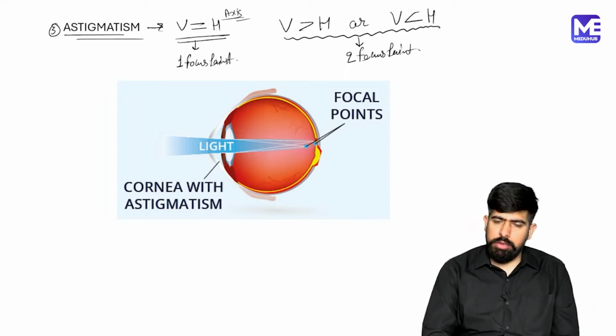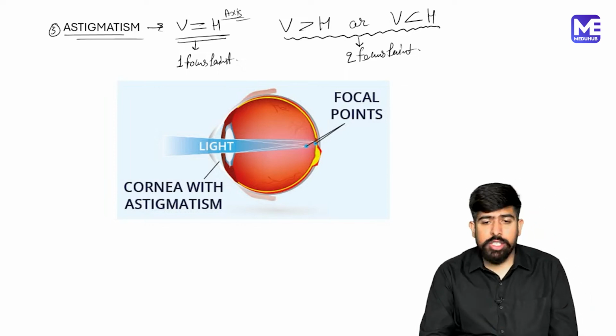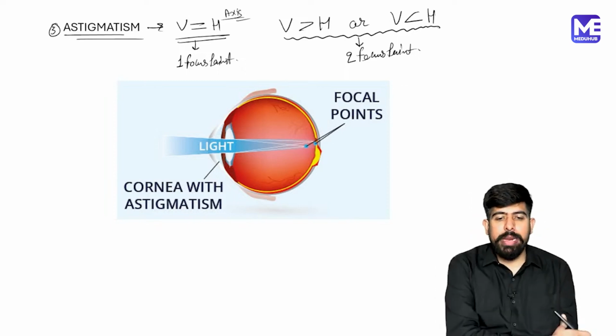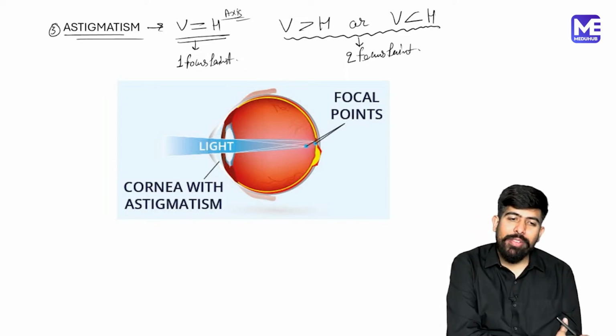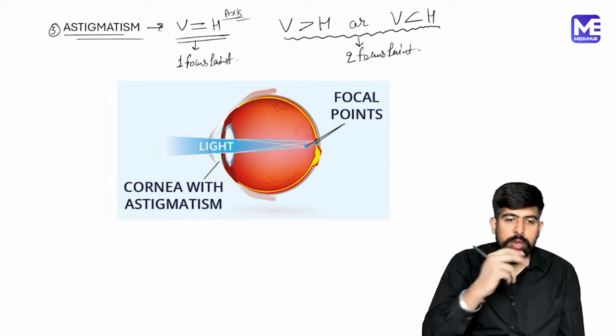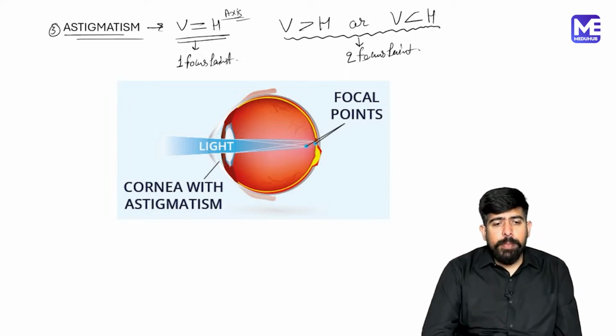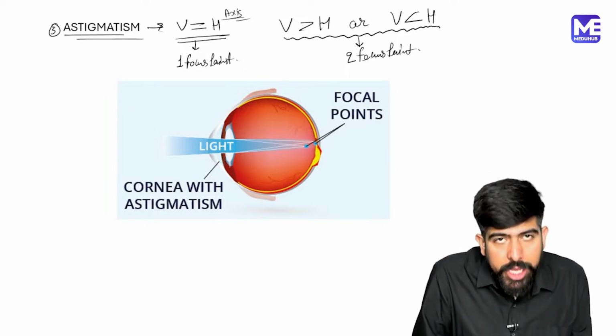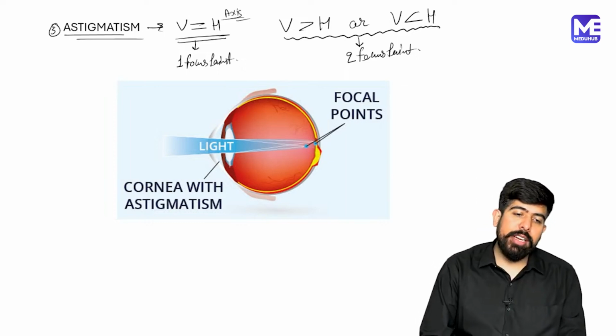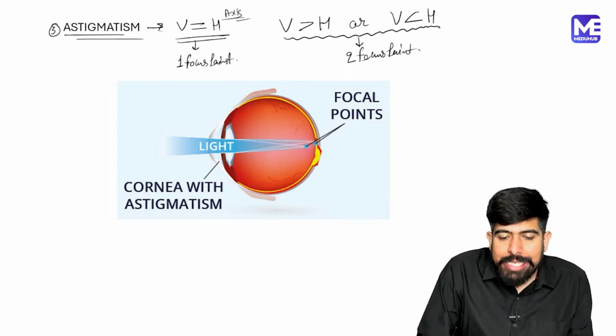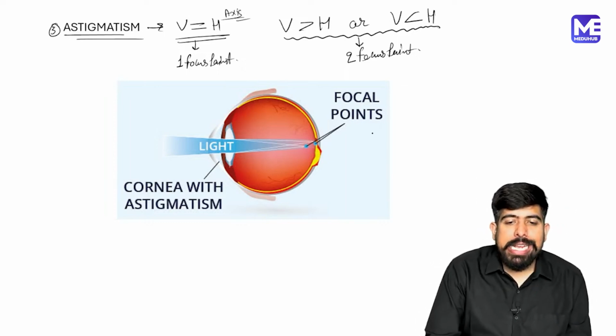Now both axes are changed, not equal, so they will make different focus points. So two focus points will be seen. If in any type of refractive error two focus points are seen, that is known as astigmatism.